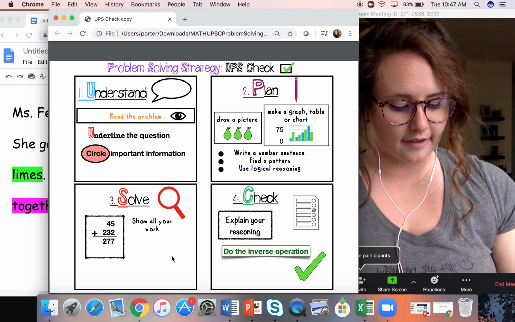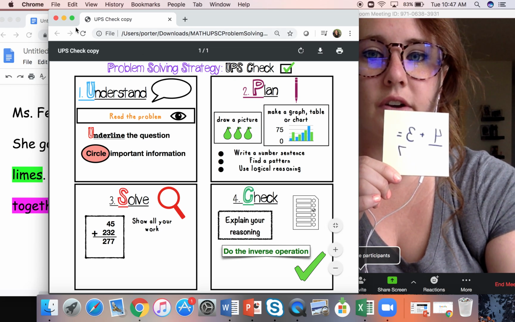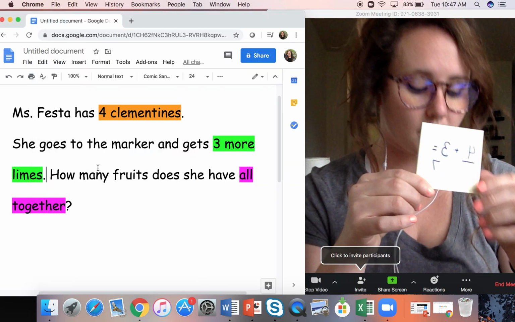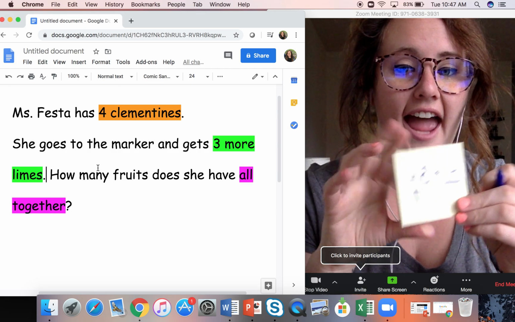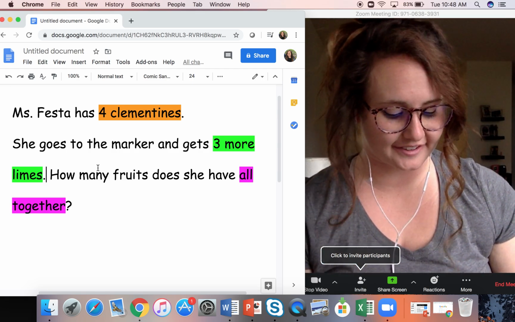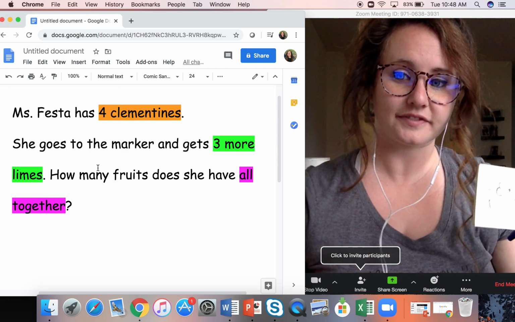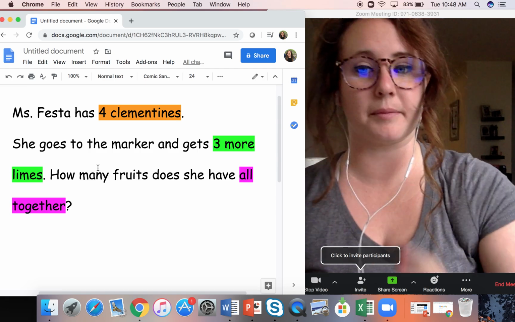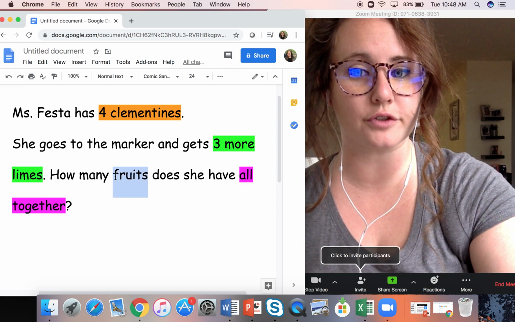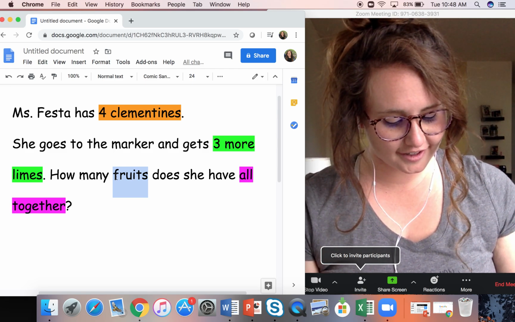So I have 7, and we talked about this when we were together. We're always, always, always going to add in our object that we're counting. So I have 7 fruits, and I can see that in my word problem. How many fruits do you have? So I'm always going to write my label, 7 fruits.